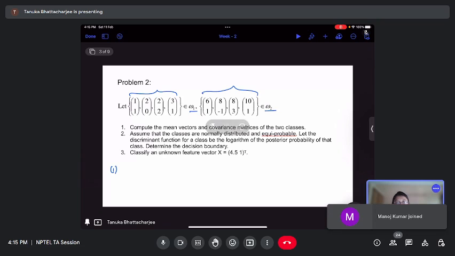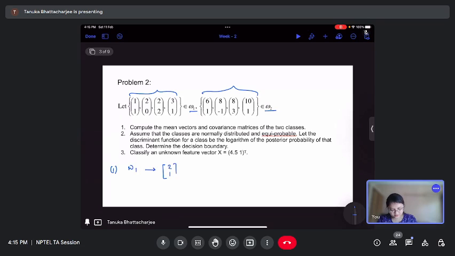So, if we take class omega 1, we have 4 samples: (1,1), (2,0), (2,2), (3,1). We just need to take the average of this. For class omega 1 it will be (2,1), right.